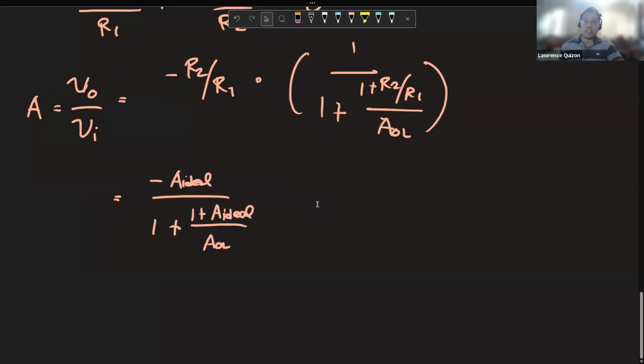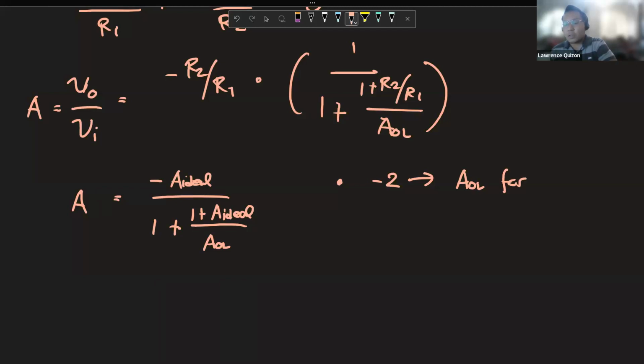So now, given a value of a non-infinite gain, we know how much the gain is affected. For example, in the slides, there's an example: if the gain is negative 2, as what we had, what is the AOL for the gain to drop by 1%?